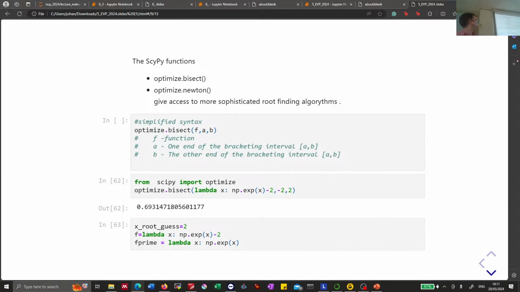Now, there are very smart people who have done a lot of work in developing algorithms, implementing them, testing them, comparing them, and the best of the best is available for us, free to use. So we can, for example, use SciPy, and it comes with already a bisection method. It comes already with a Newton method. It comes with other solvers as well.